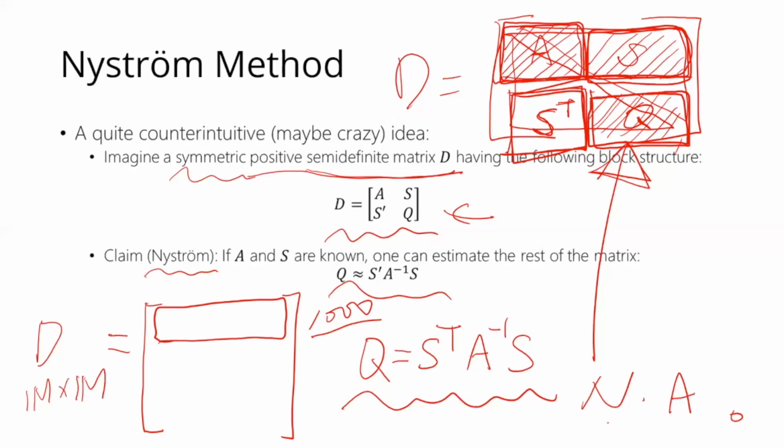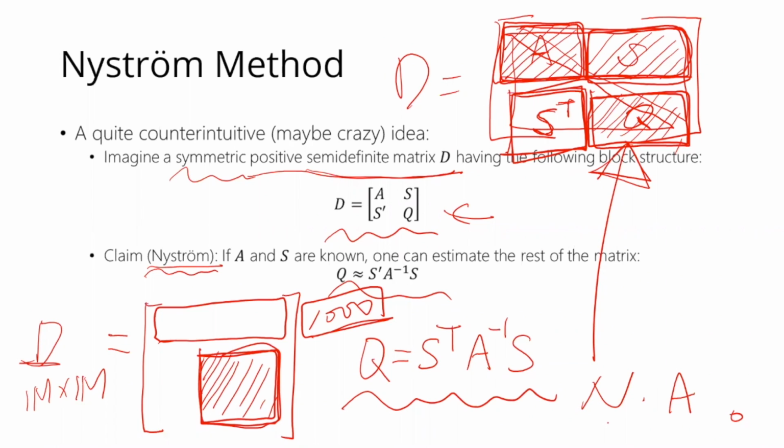How many rows do I have left? Still 999,000 rows, right? That is unknown. And if this guy Nystrom is correct, what this means is I can still approximate these 999,000 rows in the distance matrix without actually doing the computation. That's quite a wild argument to make, right?